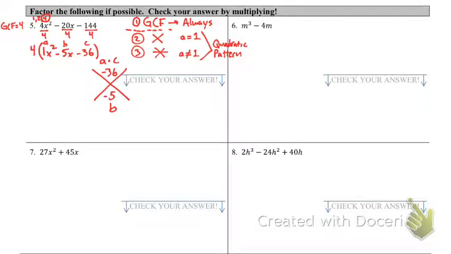Now I'm asking myself, what can multiply to negative 36 and also add up to negative 5? So I'm looking for the magic pair here. And if you're good at math, it's pretty simple. It's going to be negative 9 times positive 4. So let's check it. Negative 9 times 4, negative 36. Negative 9 plus 4, negative 5. This is my magic pair.